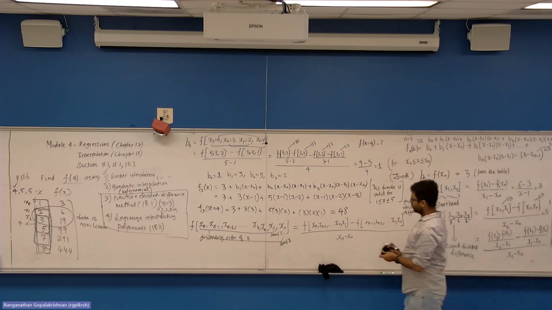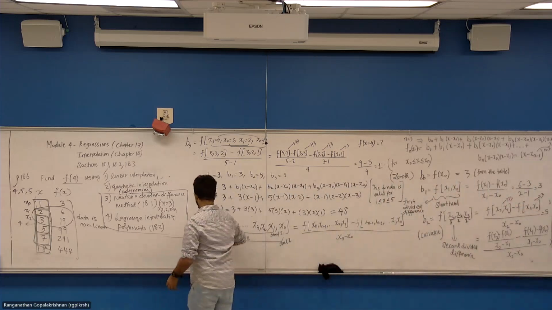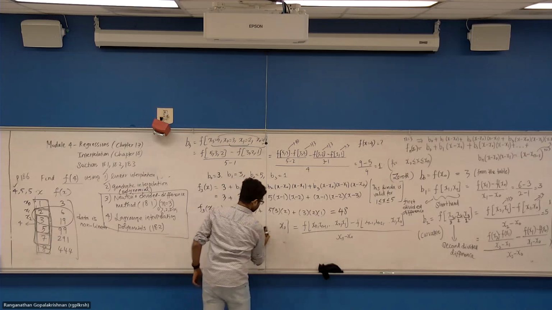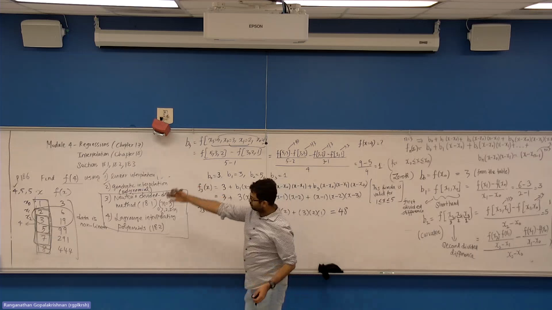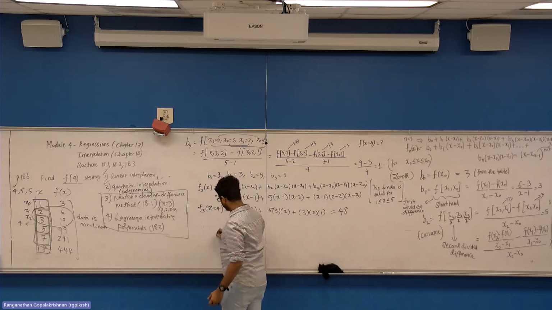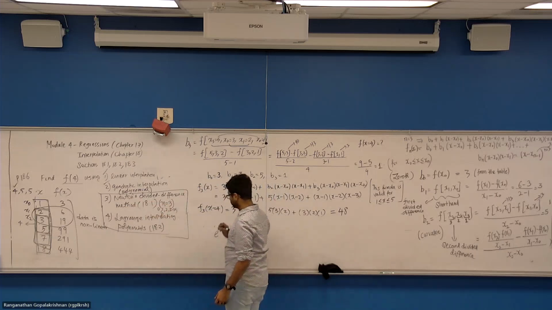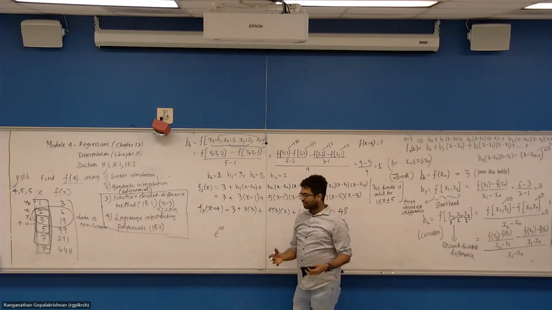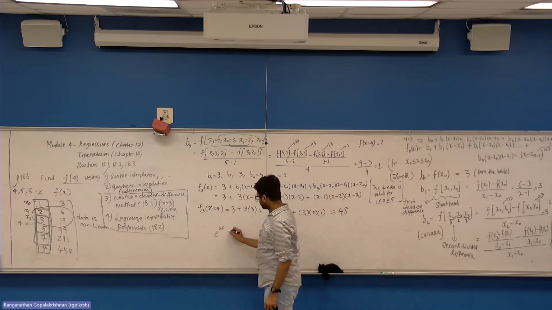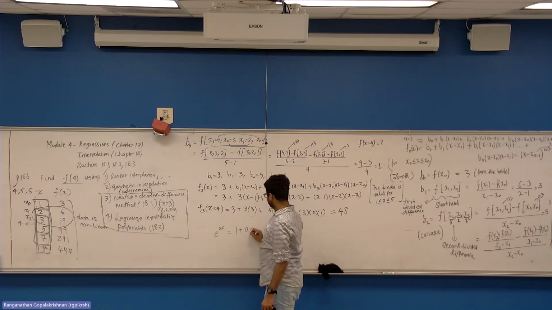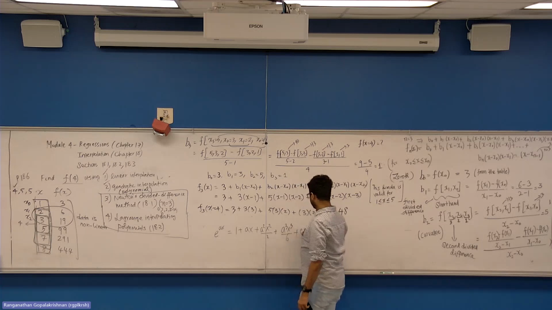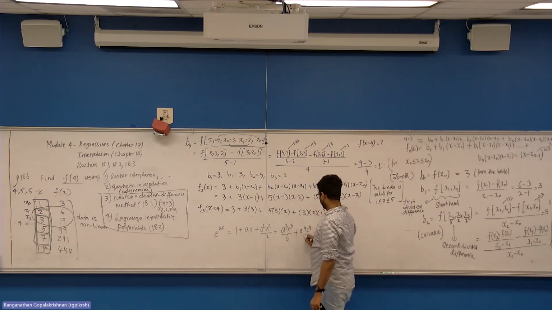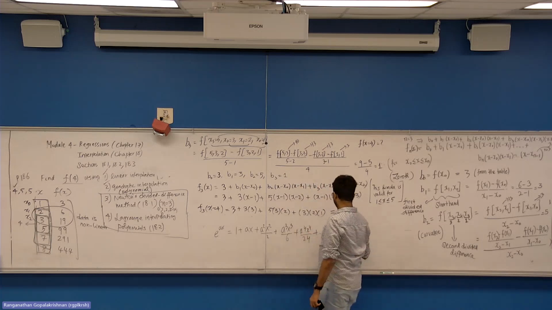Just to give you some perspective here. Suppose the data you have follows an exponential pattern, but you don't know. You can write an exponential function as 1 plus ax plus a squared x squared by 2 plus a cubed x cubed by 6 plus a to the 4th x to the 4th divided by 24 plus and so on up to infinity.